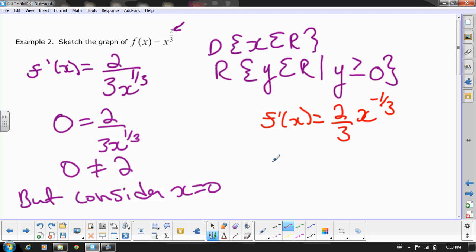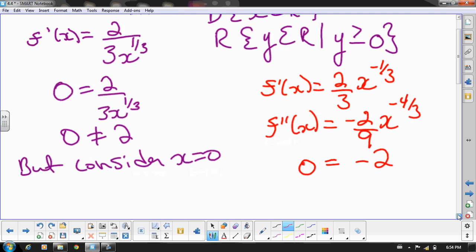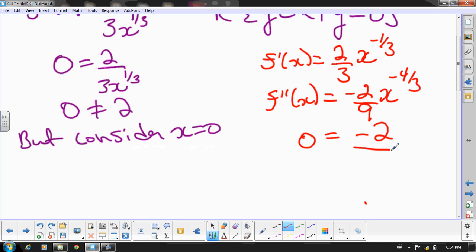To do the second derivative, we will get negative 2 over 9 x to the negative 4 over 3. So when we're solving, we'll have negative 2 over 9x to the 4 over 3.